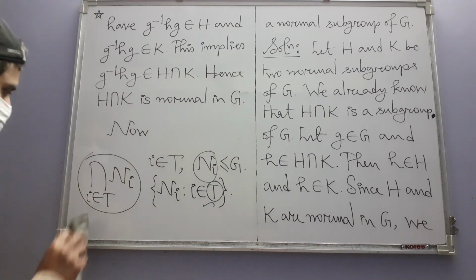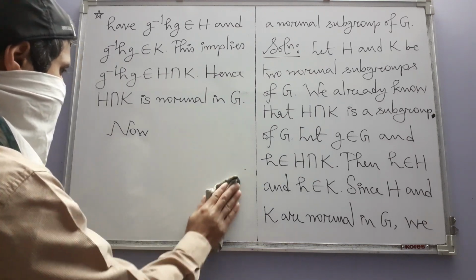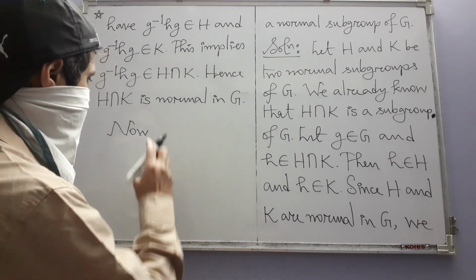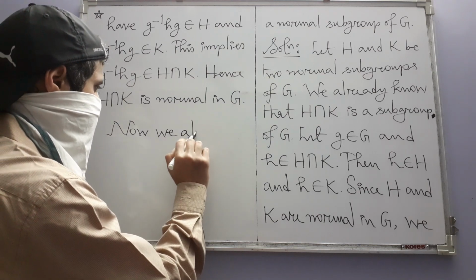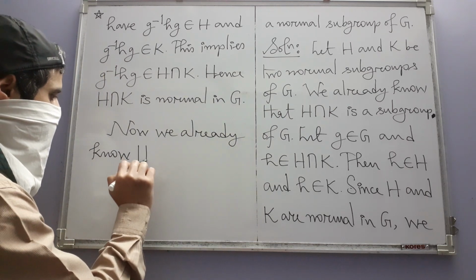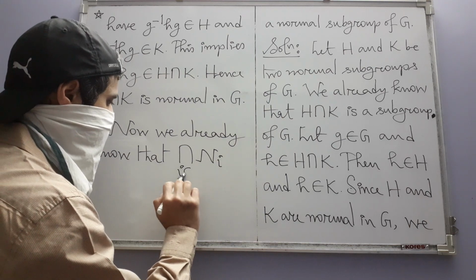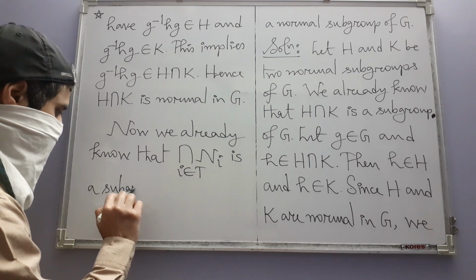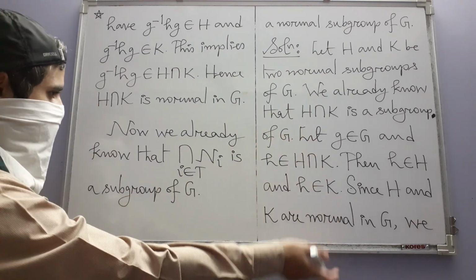Here also we already know that the intersection is a subgroup of G, that we know from the section that treats subgroups, and then the rest is similar.